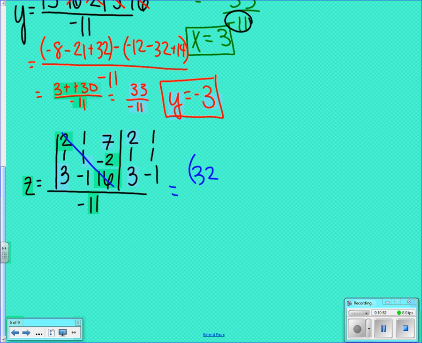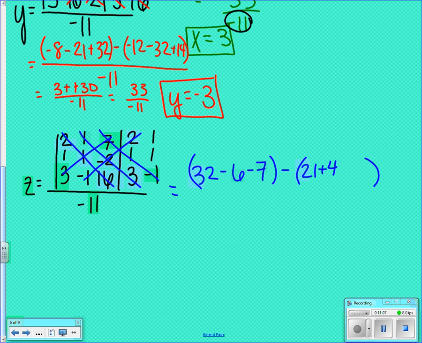So we'll have 32, negative 6, and negative 7, and then minus 21, 4, and 16. All over negative 11. And so 32 minus 6 minus 7 gives you 19.